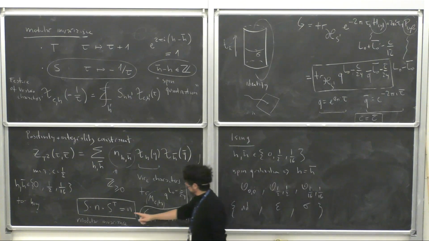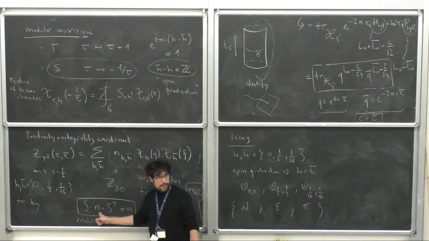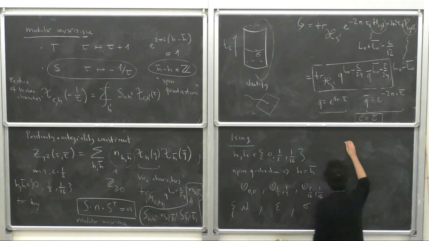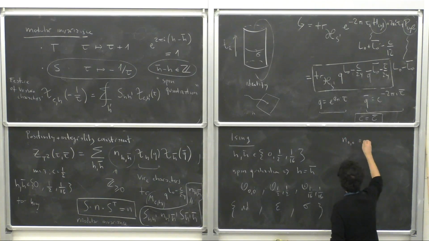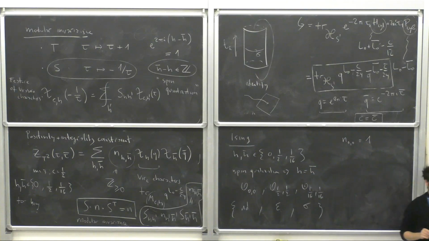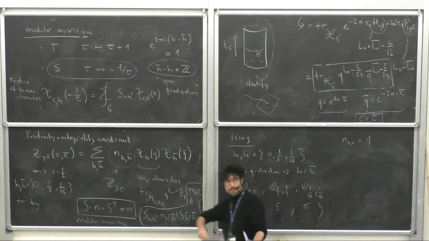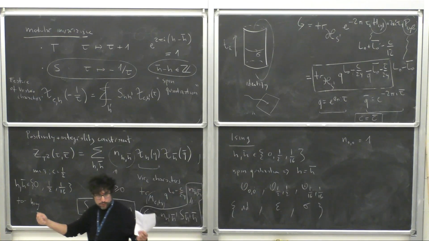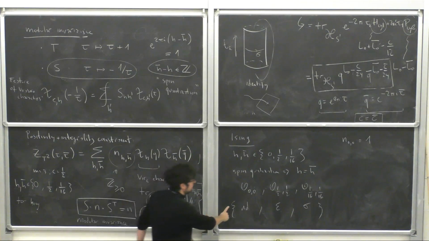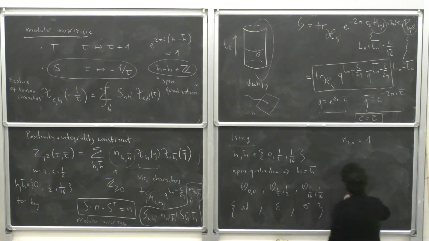And it is this constraint that will help us, because we know already that n00 is 1, because we assumed that our CFT has a unique vacuum, and by operator state correspondence, the identity is mapped into the vacuum, so the degeneracy of the identity in the Ising model has to be 1. And so there are only two integers that we need to determine, n half, and n 1 over 16, 1 over 16. These are to be determined.